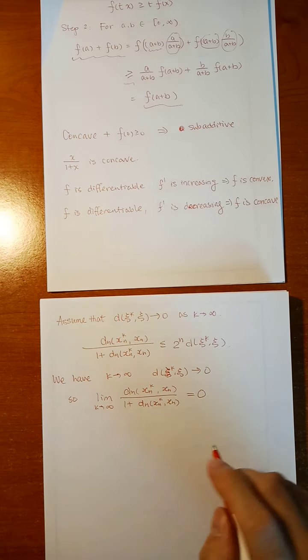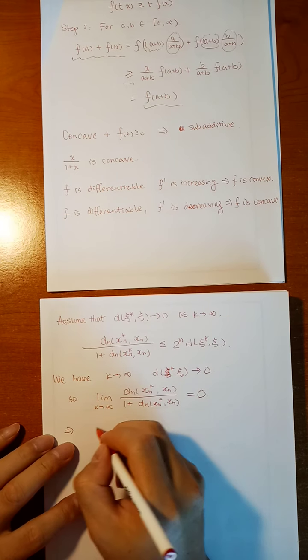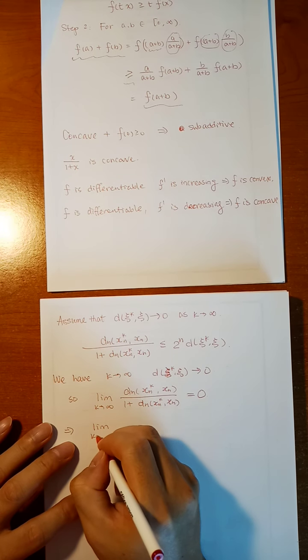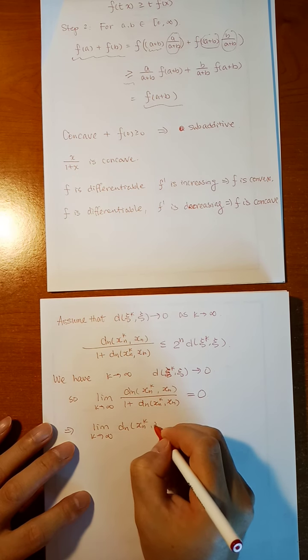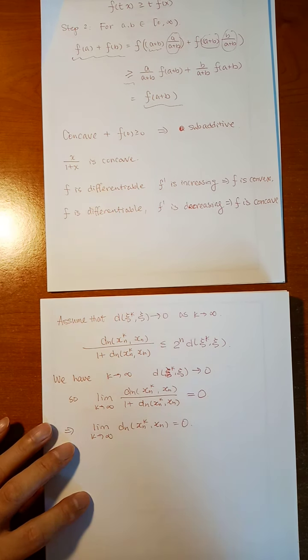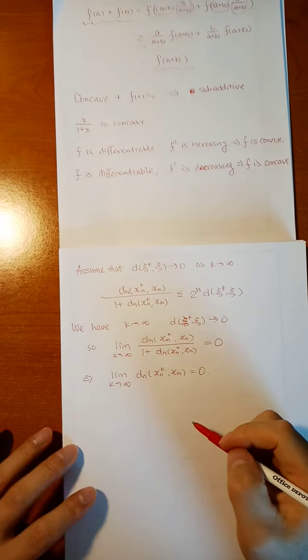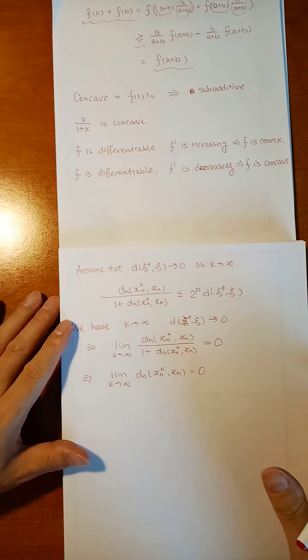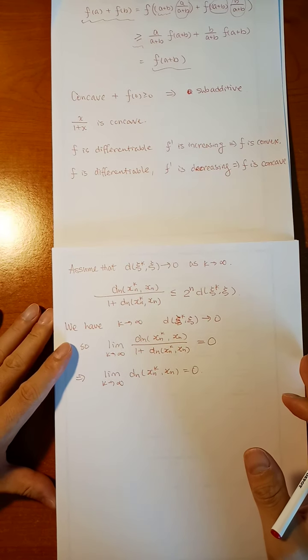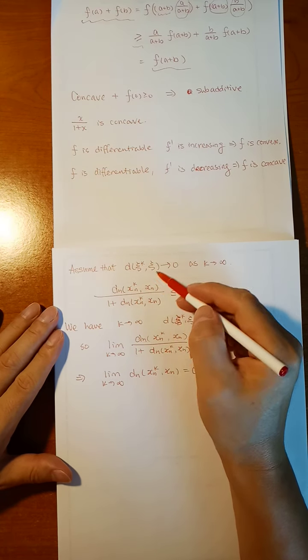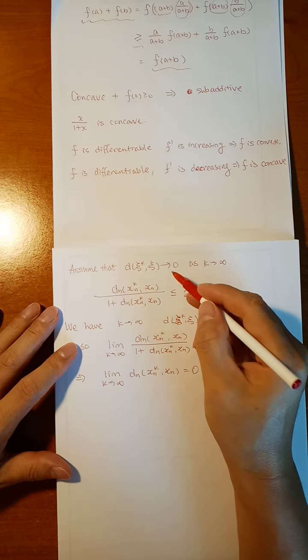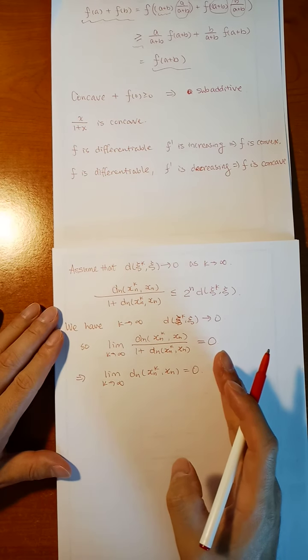And this implies d_n(x_k^n, x^n) is 0. Okay? So we get one direction. If the sequence approaches 0, then each component will approach 0.